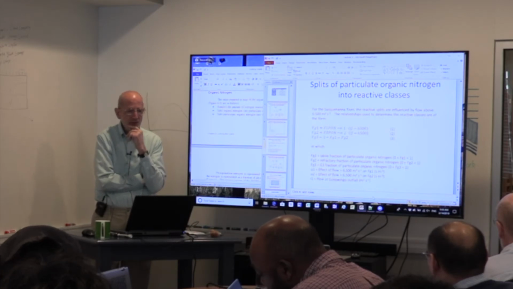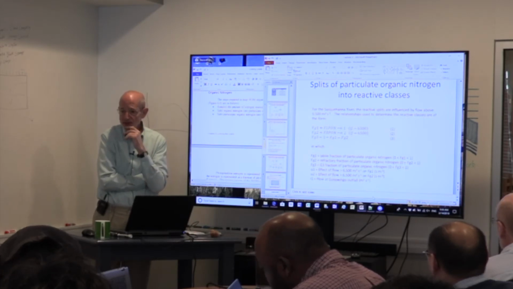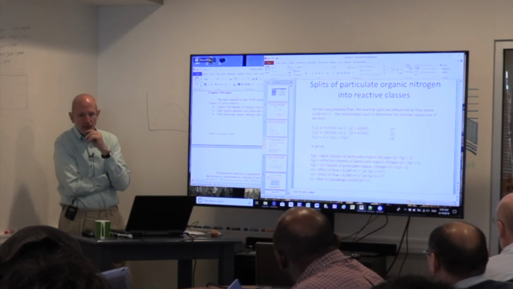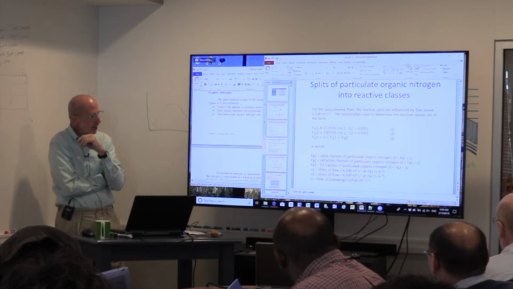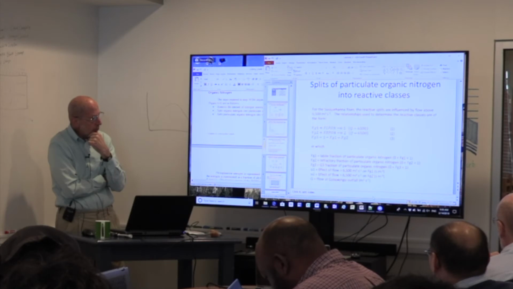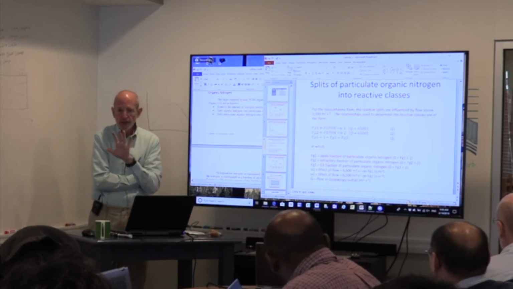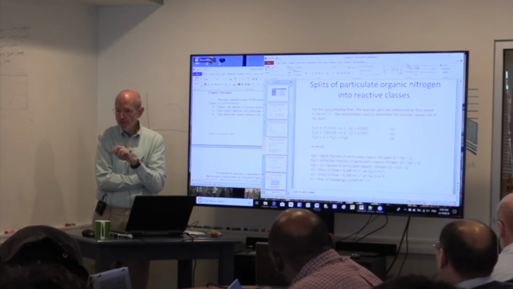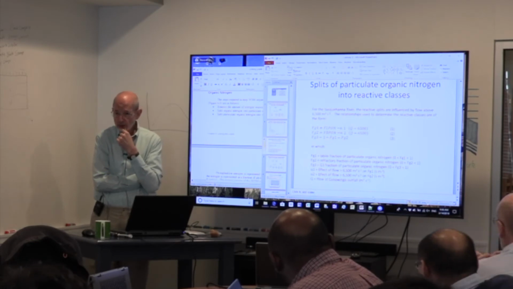On the other hand, maybe it is. And if it isn't reactive, is 90% of it non-reactive? Is 80%? Is 50%? So a considerable amount of work went into determining the fractionation of reactive material coming over Conowingo Reservoir.